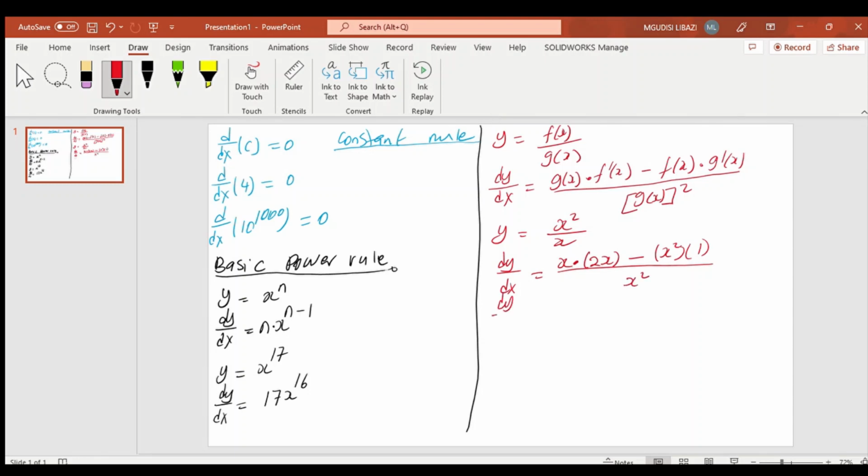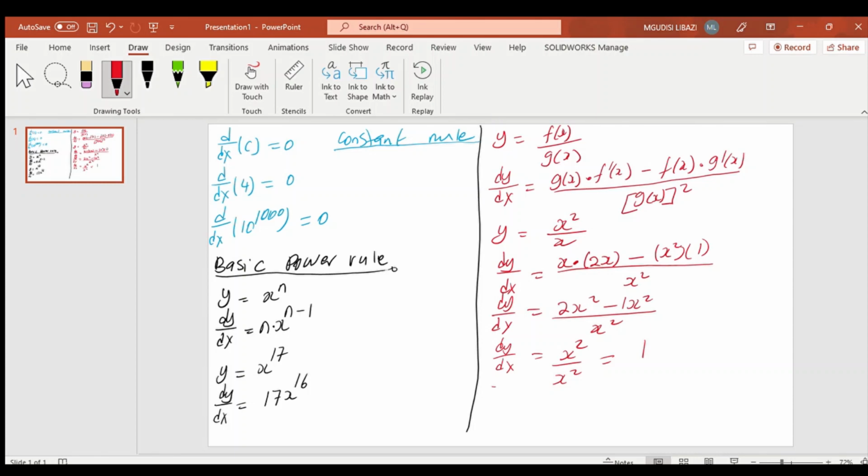That means dy over dx is equal to 2x squared minus x squared, because x squared times 1 is x squared, all divided by x squared. 2x squared minus 1x squared gives us x squared, and divided by x squared, this gives us 1.